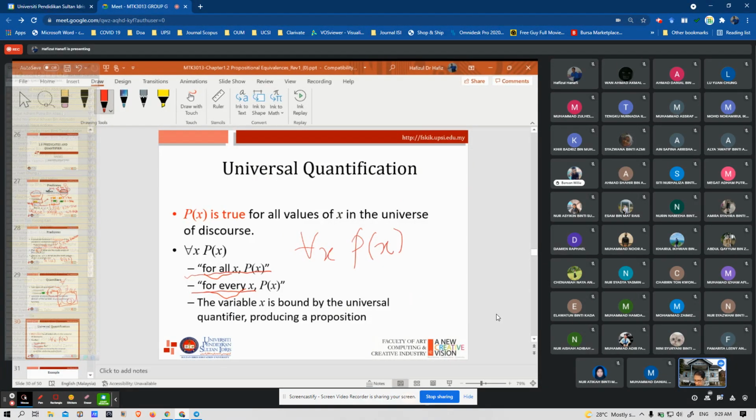The variable x is bound by the universal quantifier, producing a proposition. Later we will see whether x is free or x is bound. When x is free, it's not quantified.